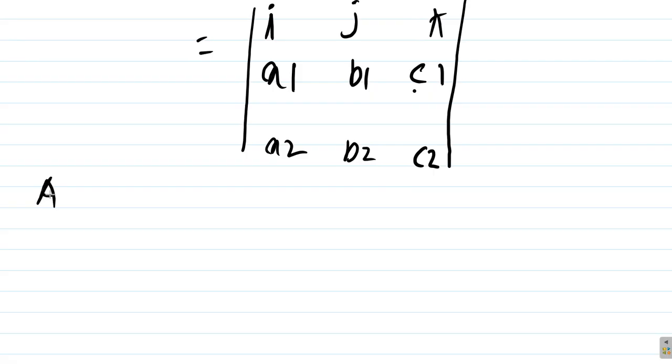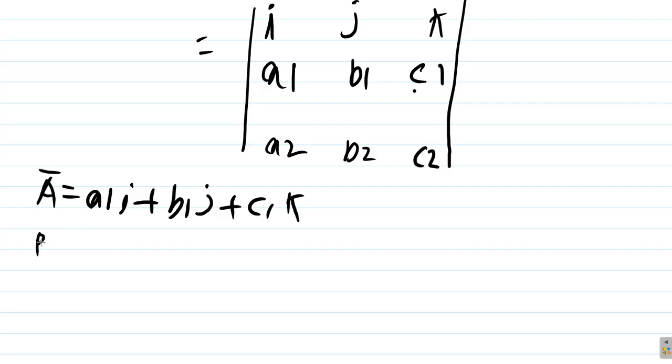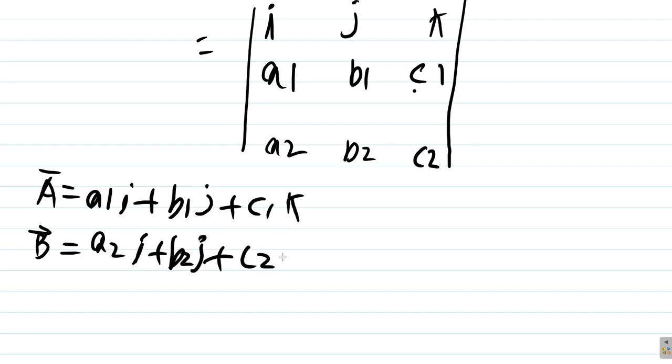We have A is equal to A1I plus B1J plus C1K, and B is equal to A2I plus B2J plus C2K. Alright? Then A cross B would be this.